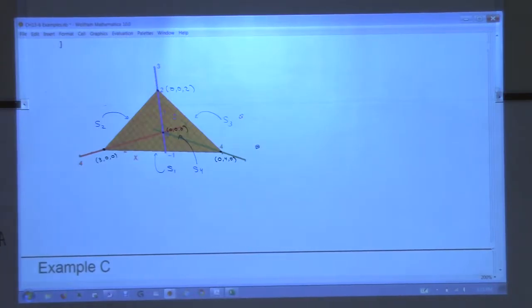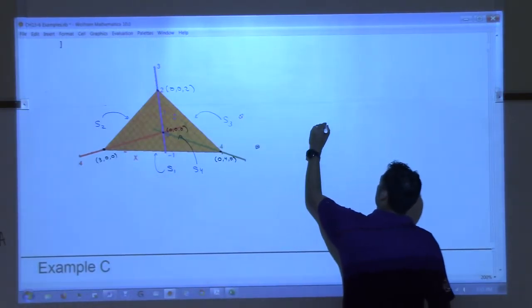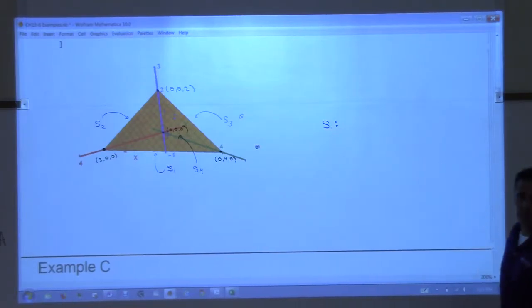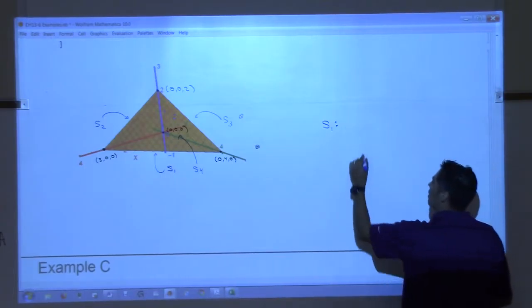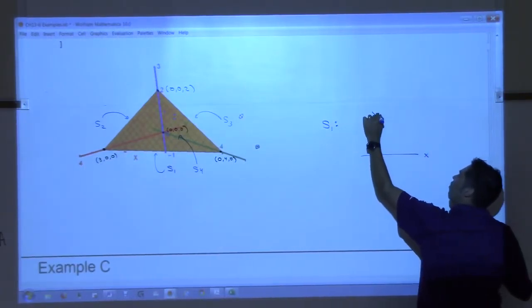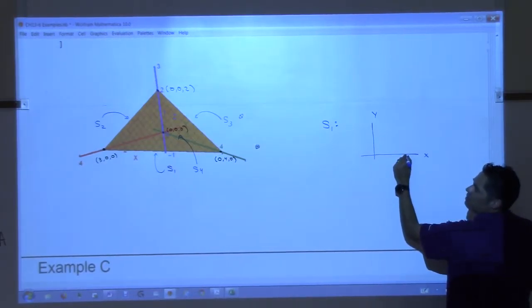So let's talk about S1. S1 is basically the ground, isn't it? Yeah. And if we were to draw it, it would look like this. This would be our X, this would be our Y. It would hit out here at 3 here.